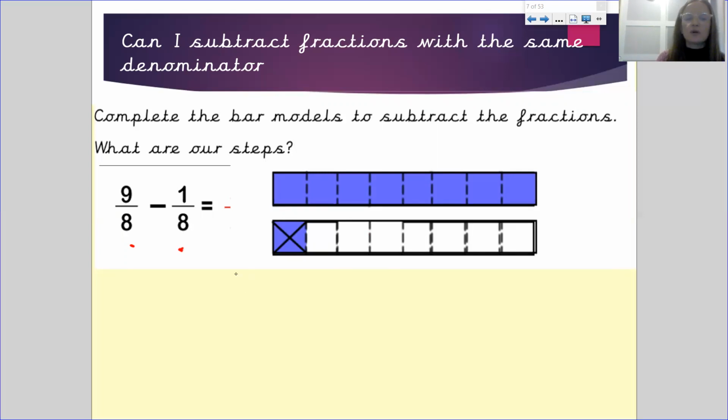And then can you give me an answer and then write it or convert it? So I'm going to give you a clue that your answer can be converted into something else. So it could be 1 whole, 2 wholes, there could be a mixed number. You tell me what it would be. Okay, so you would say 9/8 minus 1/8. Give me an answer, and then explain your steps of how you got it.